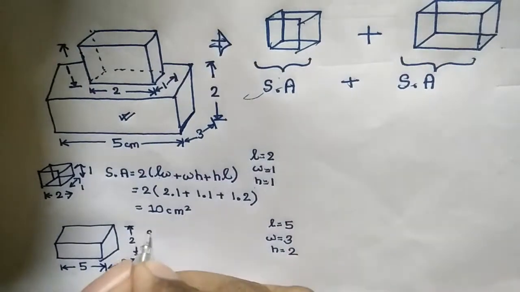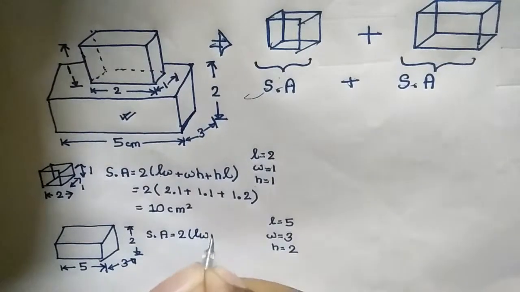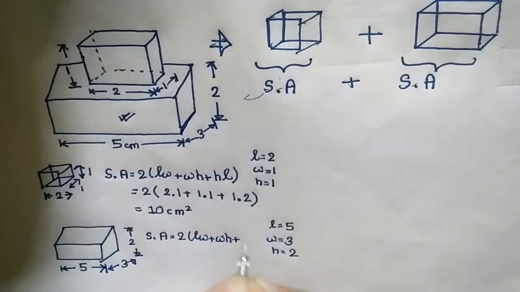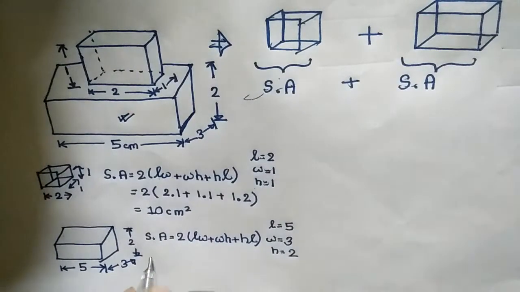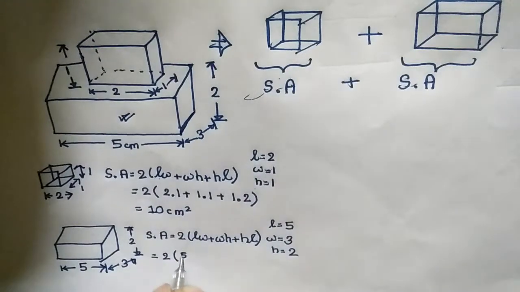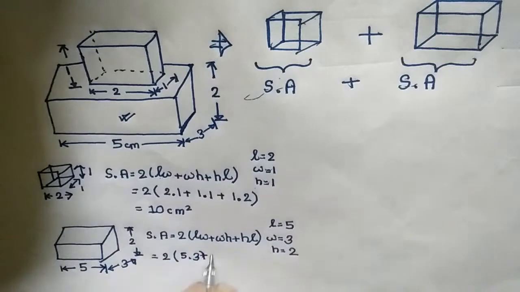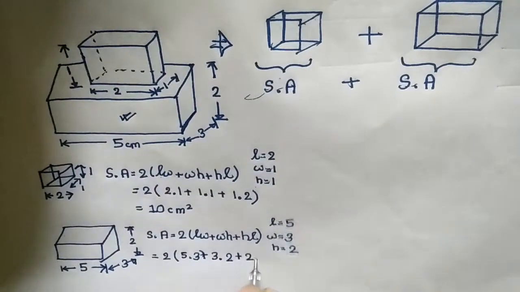Now we again use the formula for the surface area of the rectangular box, which will be 2 times length times width, width times height plus height times length. Inserting the values, length times width is 5 times 3 plus width times height is 3 times 2 plus height times length is 2 times 5.